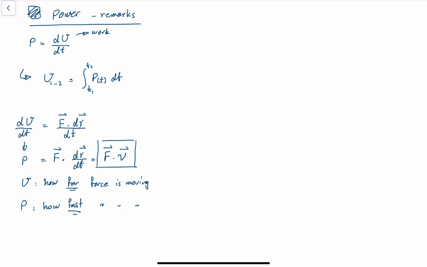It is directly related to the speed, and it makes sense: if a force is moving a lot faster, it is doing work in a shorter time, and that means it has higher power. So that's that. This is extremely useful. It comes in many different flavors.